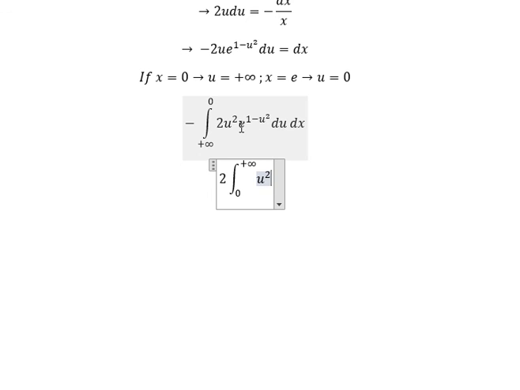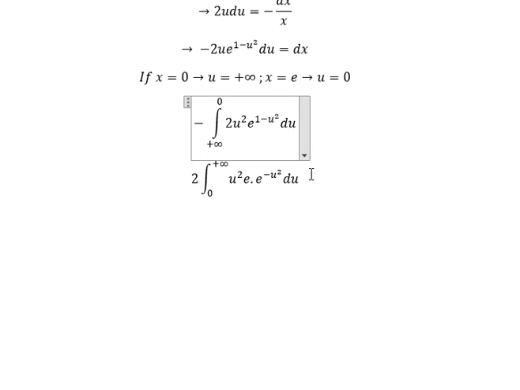So we have e to the power of 1 minus u squared. We can separate them into e multiplied by e to the power of negative u squared du. So we put e outside.